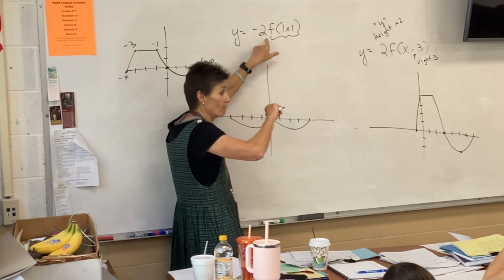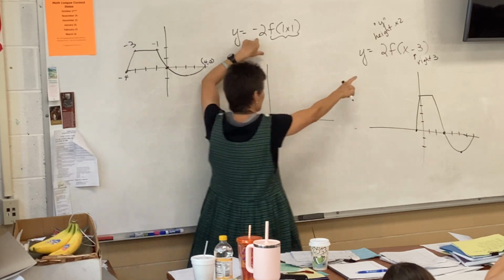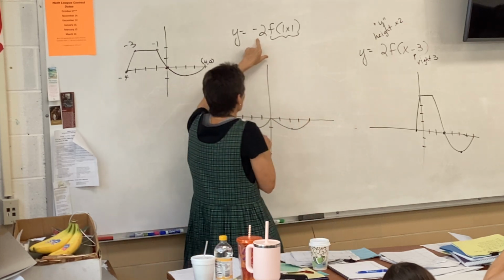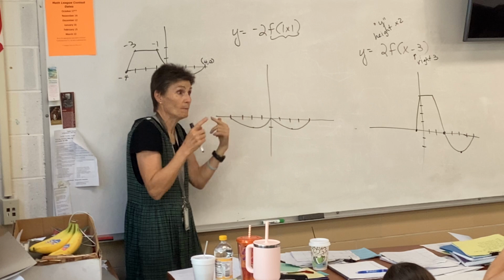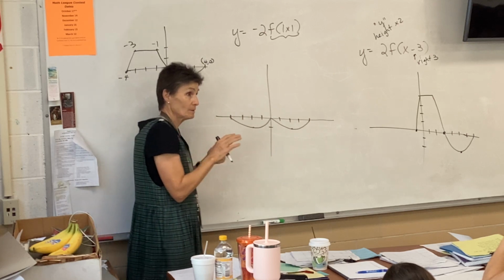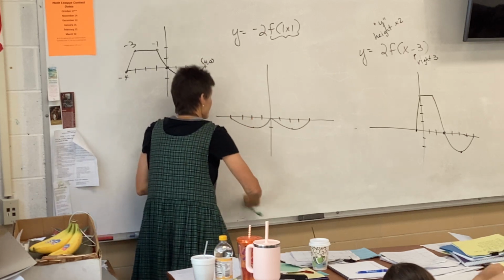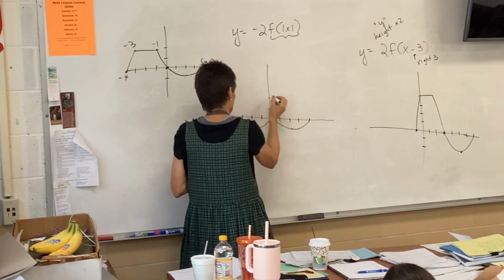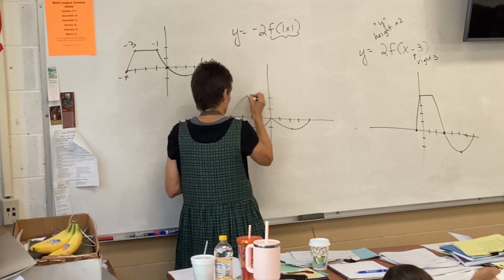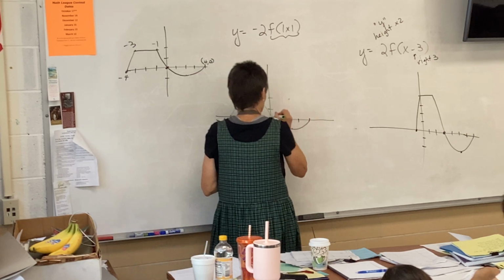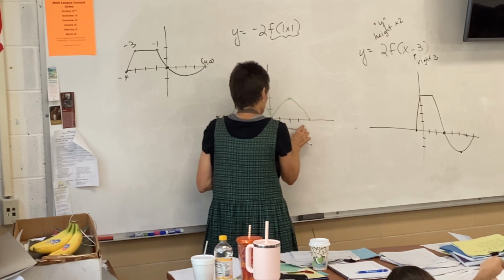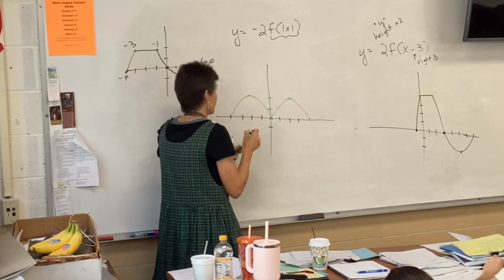This is a height number. This does the same thing, it stretches it. But because it's negative, it also flips it upside down. Well, this whole thing is down, so it's gonna go up, and it's gonna go up 2. So the green is the answer to the question.